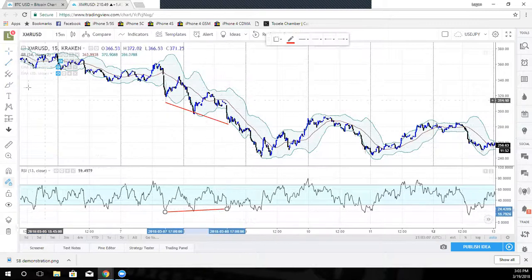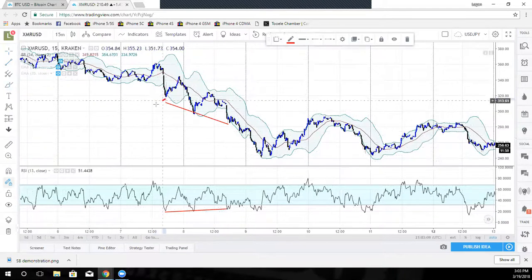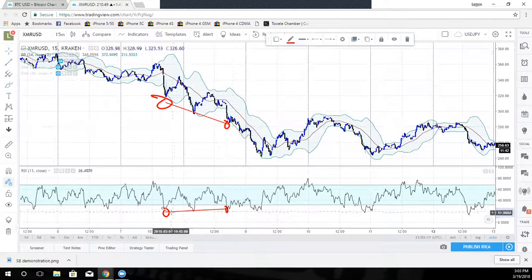Slight uptrend. Doesn't matter. It doesn't have to make the same angle, as long as it's an uptrend and a downtrend. That's divergence. Bollinger Band break. Oversold. And hella drawdown. Boom. And it goes up. And look, there it is. You've got to find that entry point.